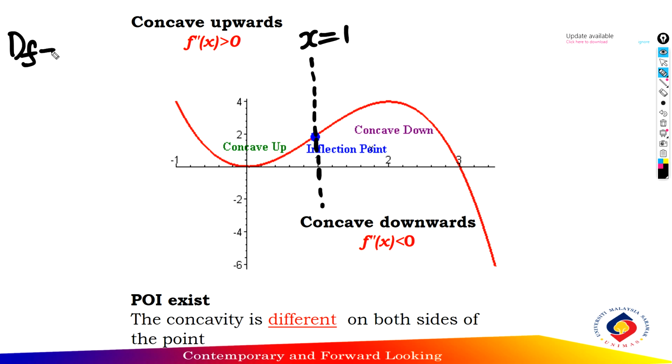The domain of the cubic function is all the real numbers, negative to positive infinity. So the first interval is between negative infinity and x equals 1.